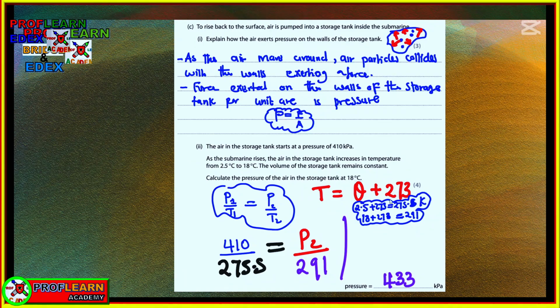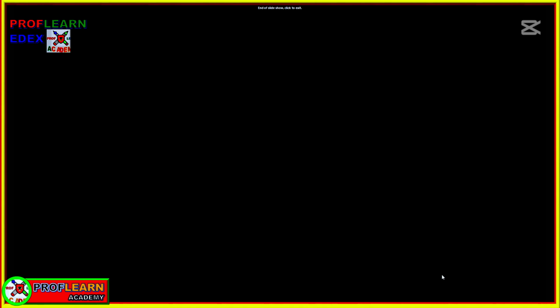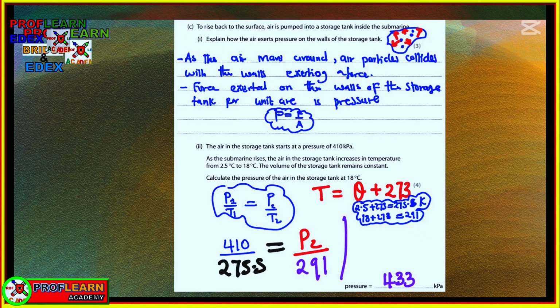And if it's 18 degrees Celsius, it becomes 291. Then we can apply the formula P1 over T1 equals P2 over T2. Substituting that into the formula, we get a value of 433 kilopascals.